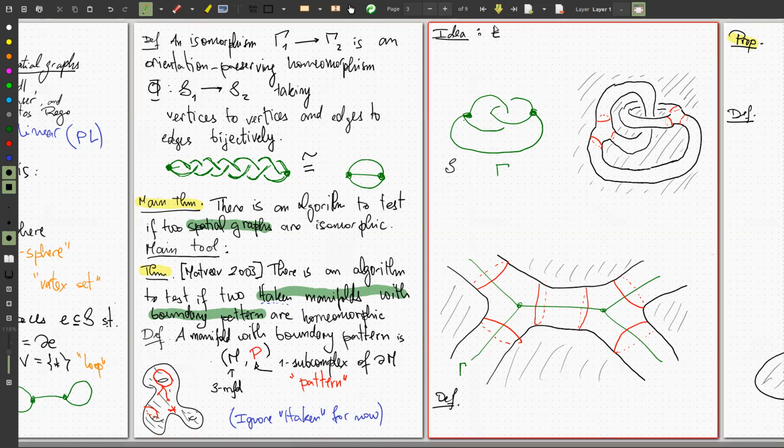So the idea is to encode spatial graphs as manifolds with boundary pattern. Then use Matveev.